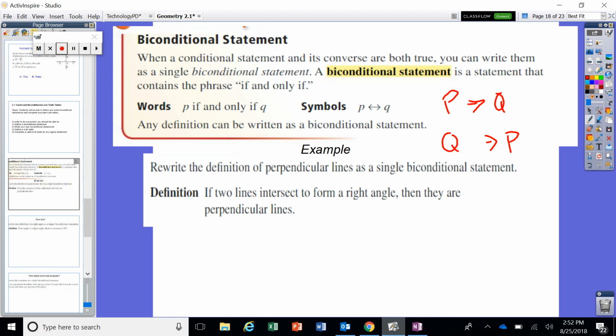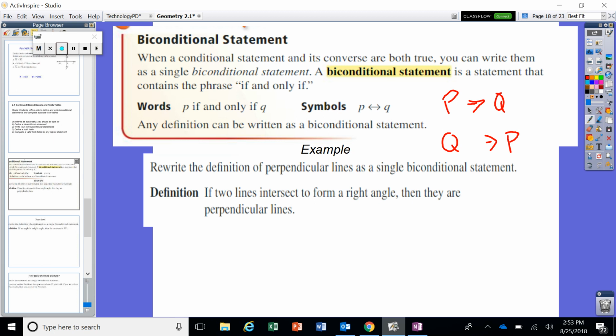You can see our symbolism in here, the P if and only if Q. The symbol is the double-sided arrow, again, kind of recognizing that P implies Q is true, and Q implies P is also true.